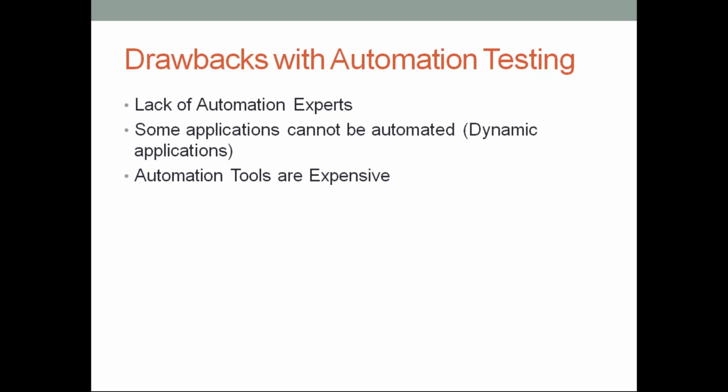Such things may not be possible with Selenium exactly. If we still want to automate them, we may go with other tools, like web service testing or something like that. That is how companies do it. But obviously Selenium cannot handle 100% of the functionalities we may have in our applications.